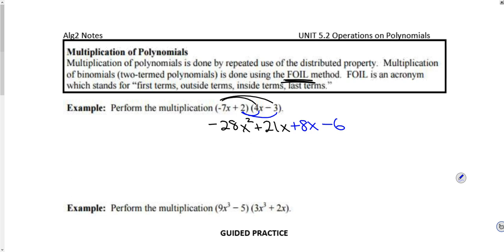So hopefully you see all it is the distributive property twice. I did it with the 7x first, and then the 2 second. And then we combine like terms. So 21 plus 8 is 29x. And then I just bring down the first one and the last one. And minus 6. That's our answer.